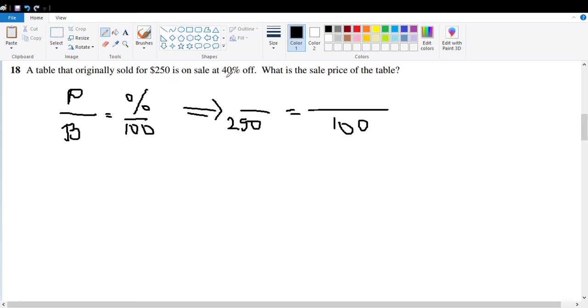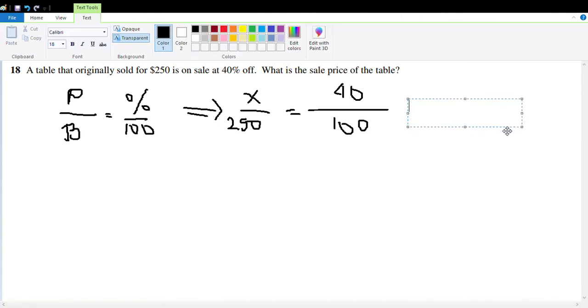Now let's move on. 40%. It's a percentage, so that means it's going to be here. So that means our x is the missing part. Now, before we start cross multiplying, let's make it easy for us. Let's simplify.